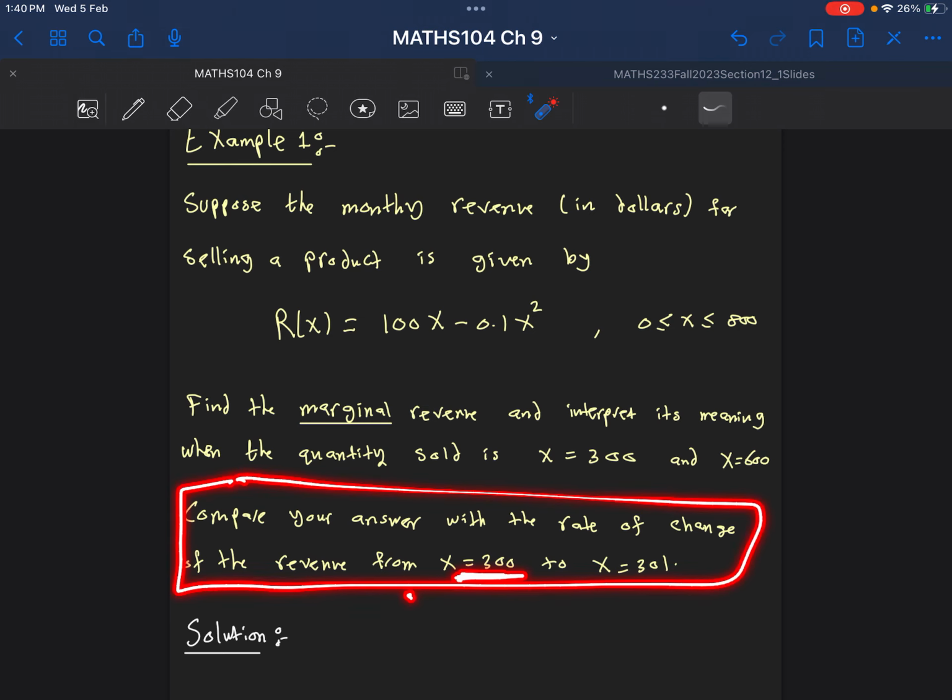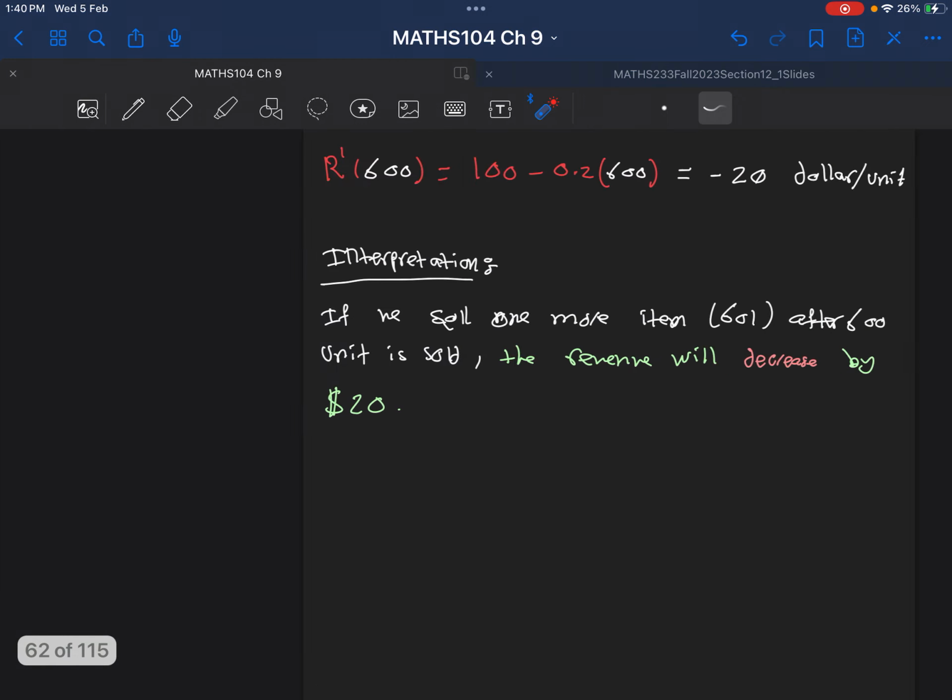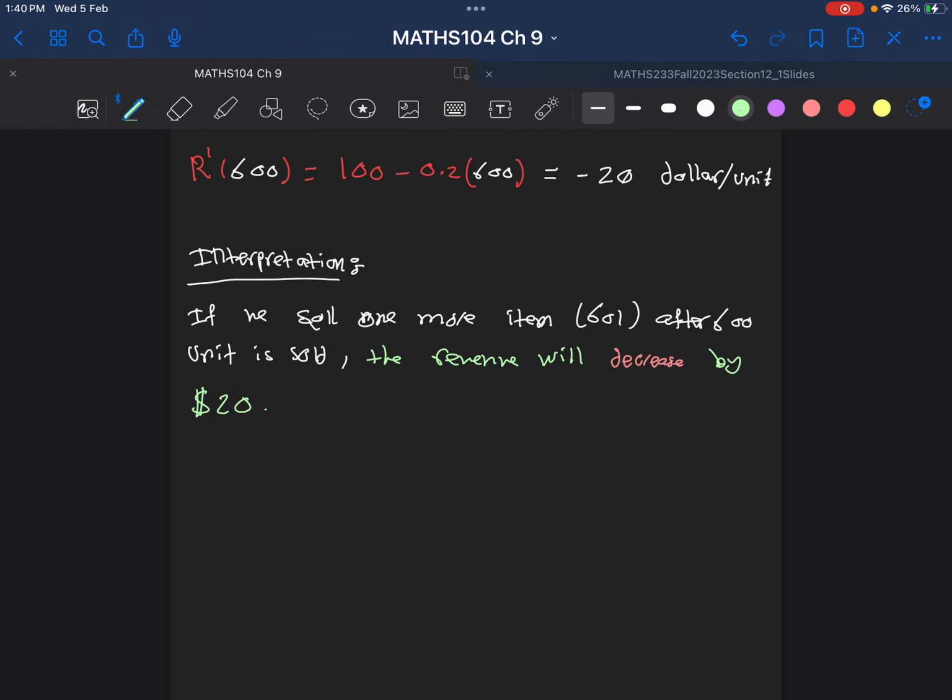Compare your answer with the rate of change of the revenue from x equal 300 to x equal 301. What is the rate of change?